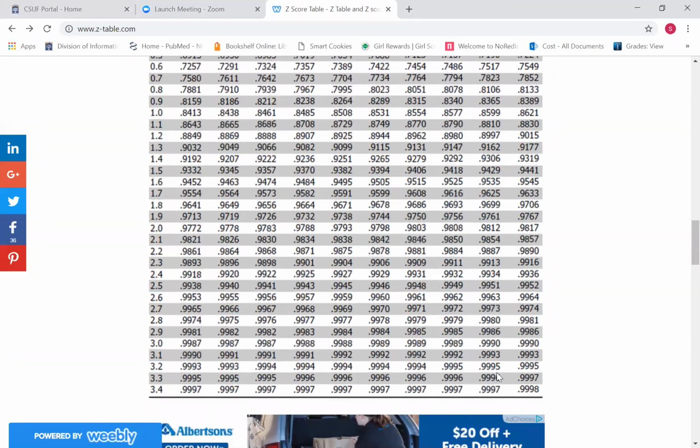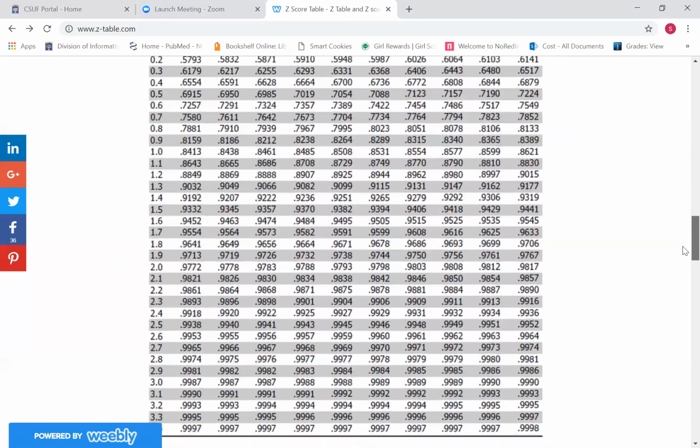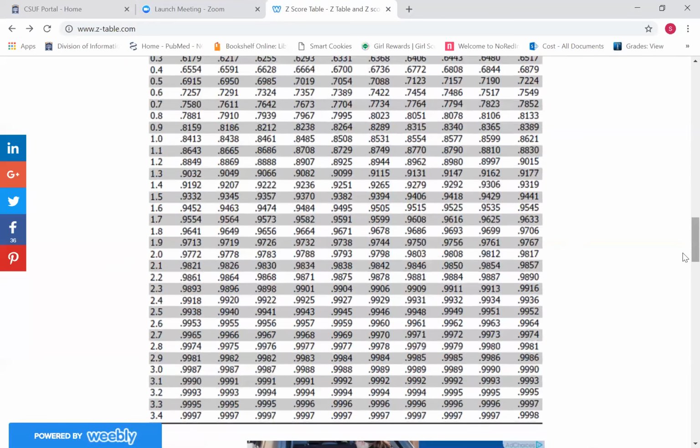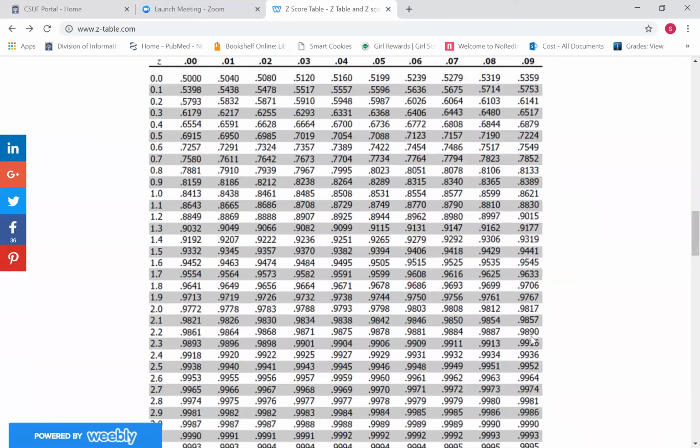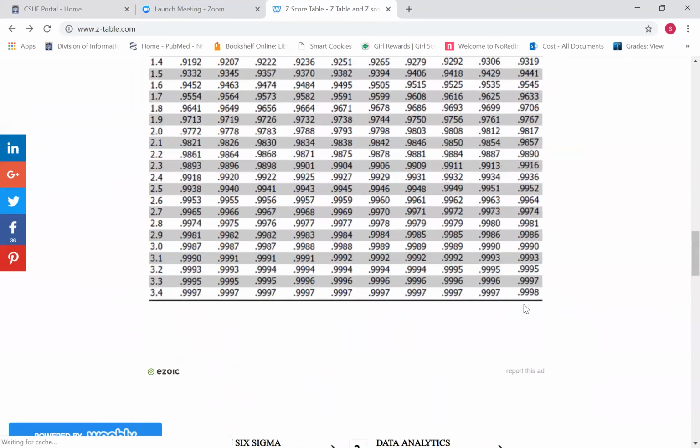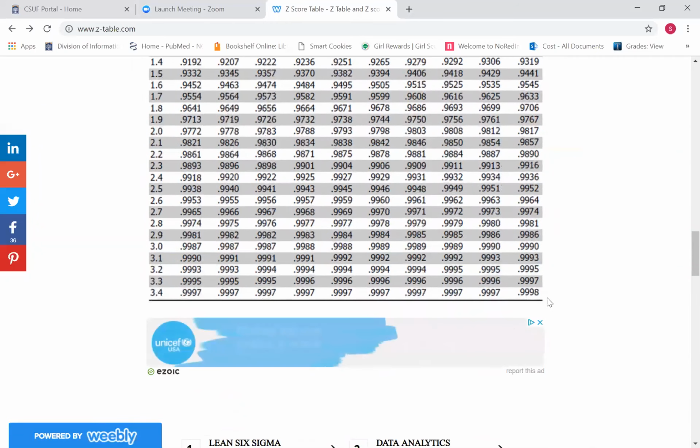And you can see here it goes all the way up to 0.9998. And it is possible to get a Z-score higher than 3.49, which gives you that highest point here on the table. And if you do, you would just say, well, the probability is greater than 0.9998. You know, it's almost 1. Now, why would the probability get to nearly 1?